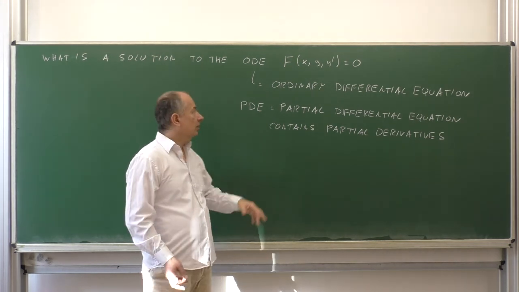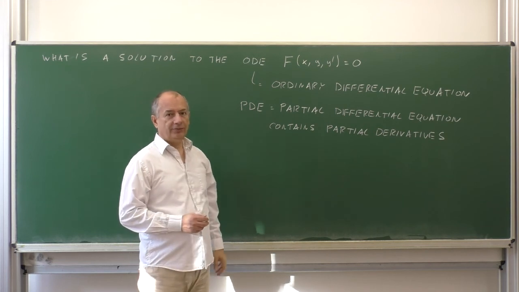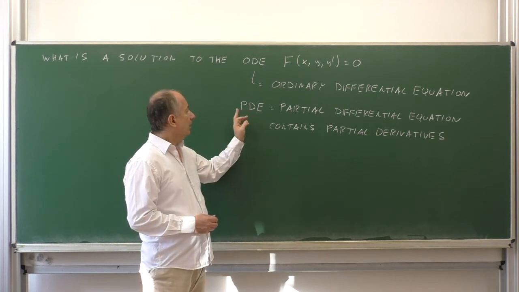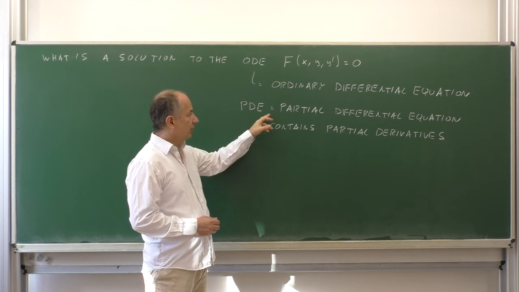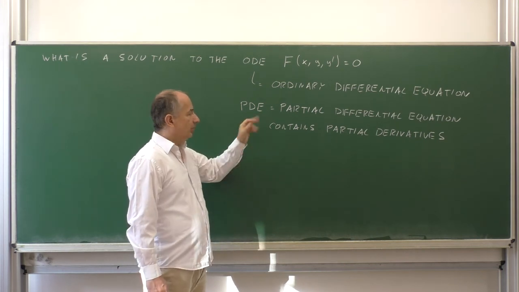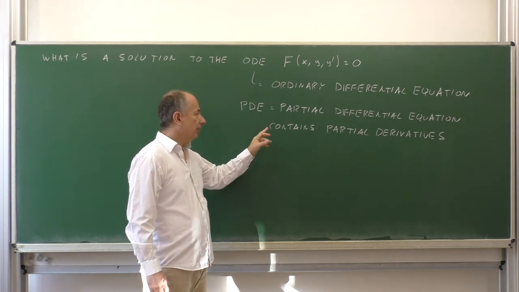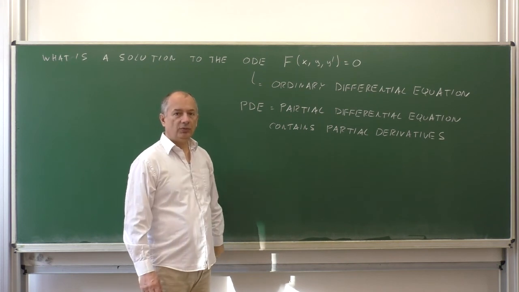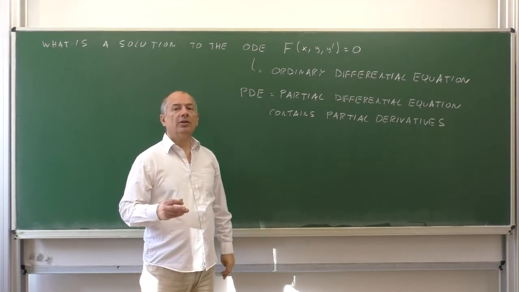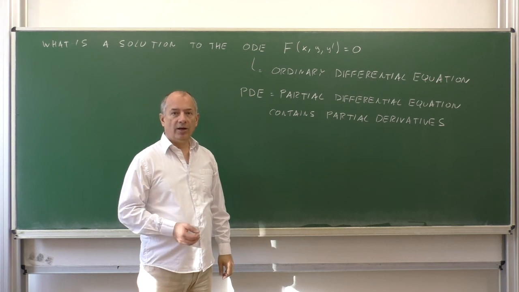As the opposite, we also have partial differential equations, abbreviated PDE, and a partial differential equation contains partial derivatives of the unknown function, where the unknown function is a function of two or more variables.